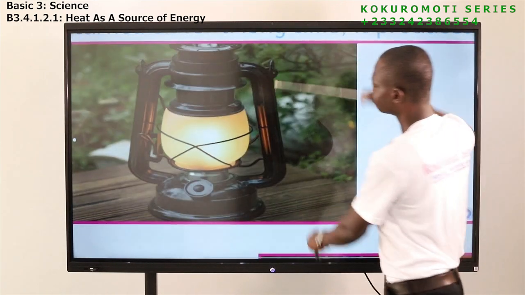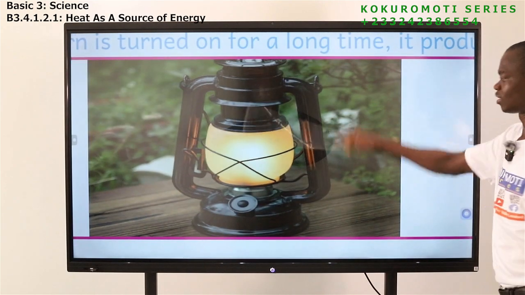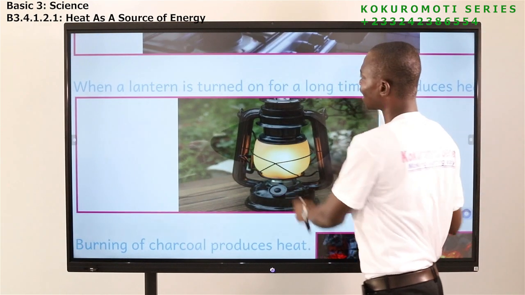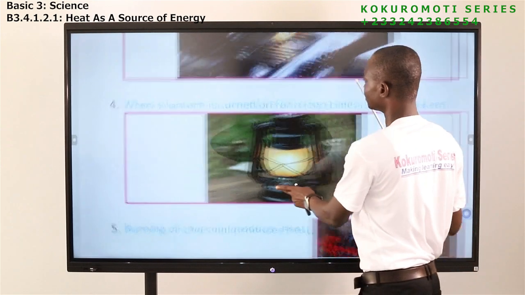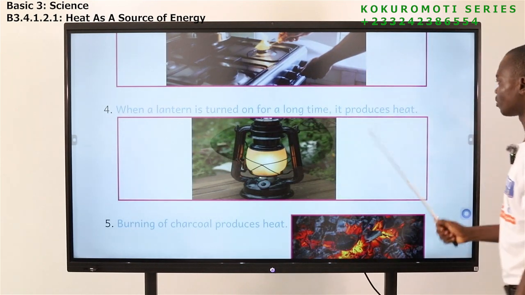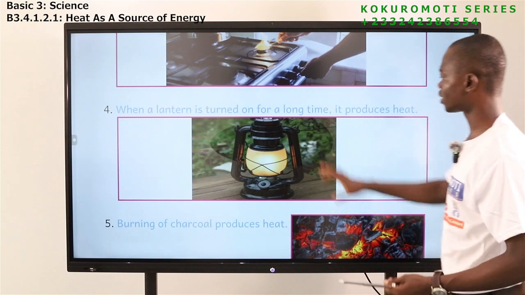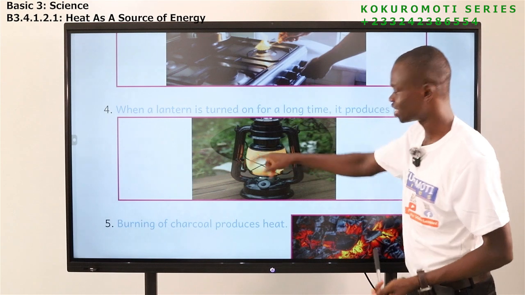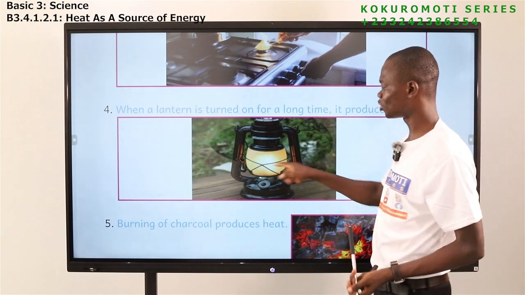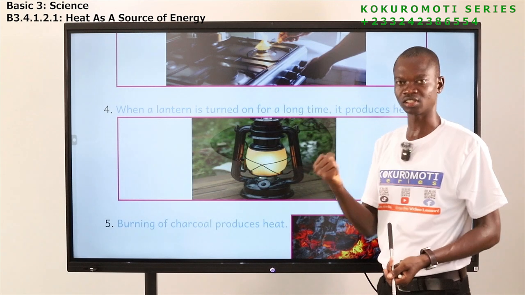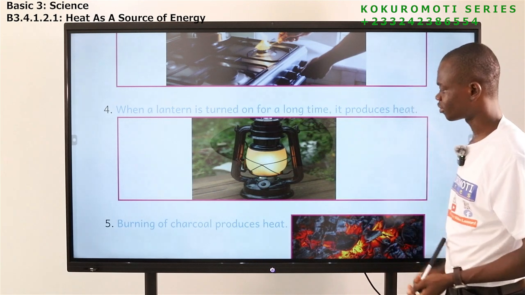Now let's come here. This thing, yes, you've seen it before. Let's look at how it is used to generate heat. When a lantern is turned on for a long time, it produces heat. When you touch the shade, I remember we used to call it shade, like the bulb, you see that it becomes very hot.